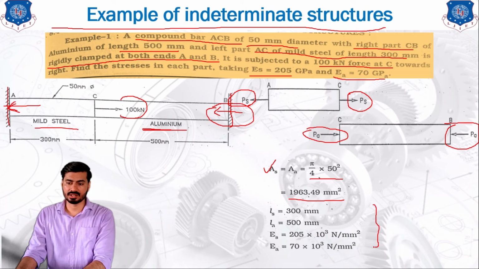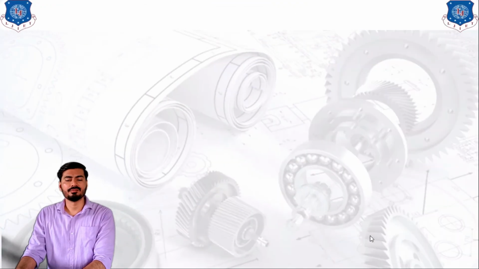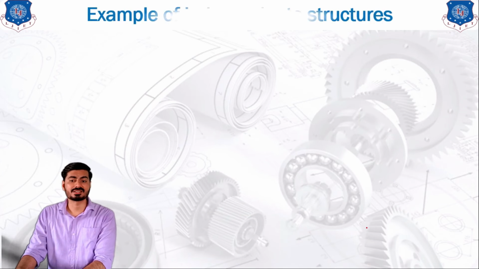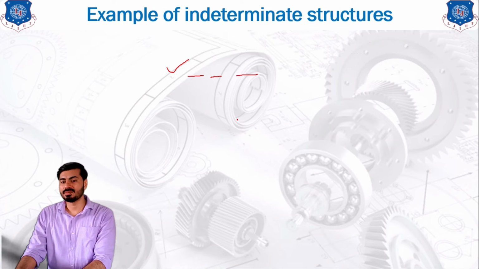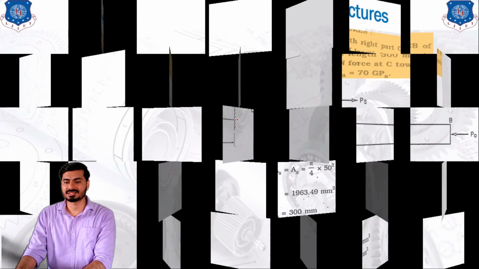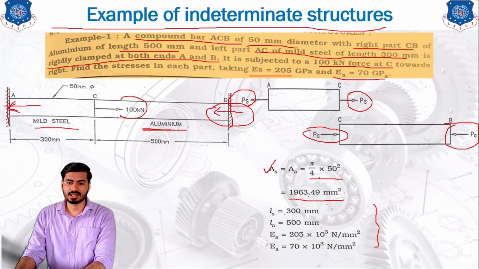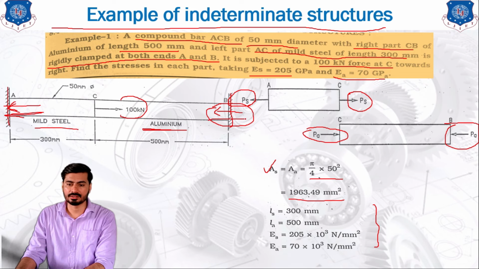We list out the given data and we further use two relations which I was mentioning. The first relation is this, that the reaction in the first part and the second part, which is aluminum, the summation of both the reactions must be equal to 100 kilonewton, which can also be seen from the previous slide, that reactions are in the opposite direction of the given force.